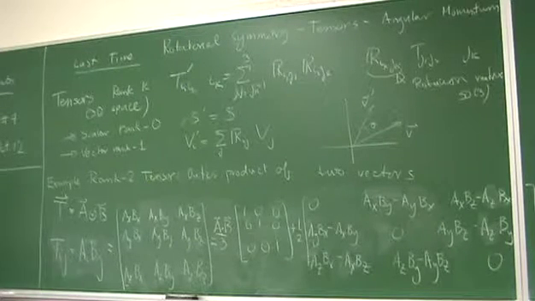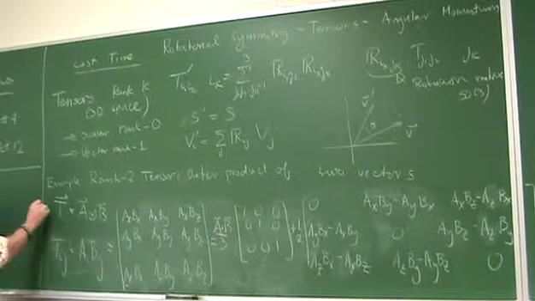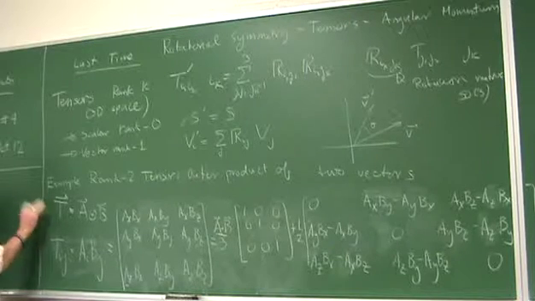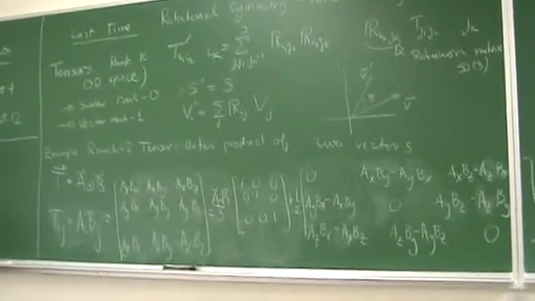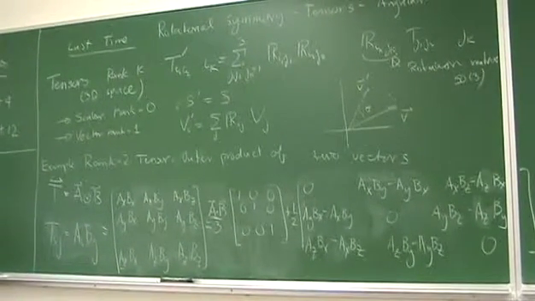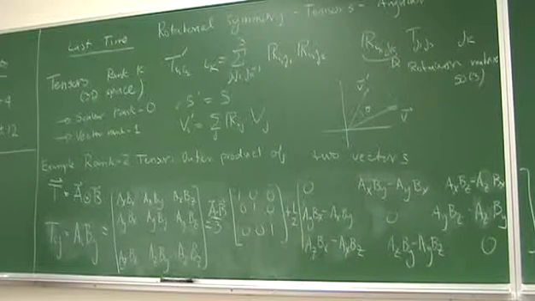Following up on the suggestion that Ben made about how to think about these tensors by just writing out the matrices, Ben wrote up some nice notes which I posted on our website. You can download there. Let me just remind you of this. So one way of, say, forming a rank 2 tensor is by looking at the outer product between two vectors.